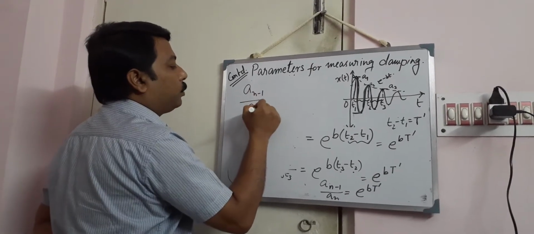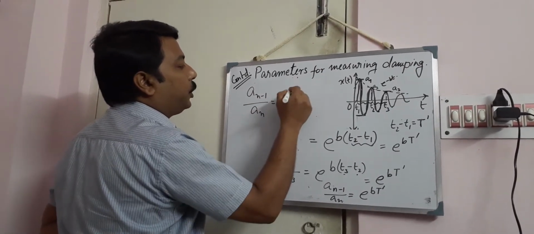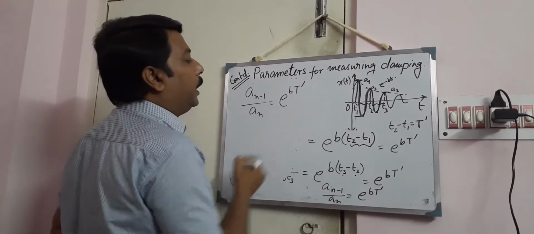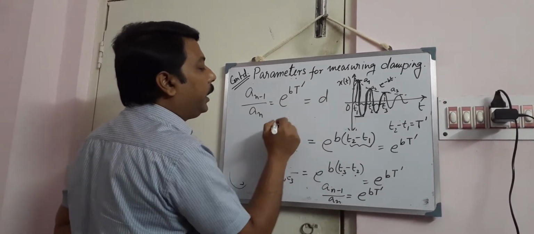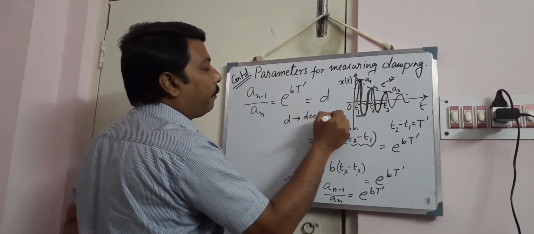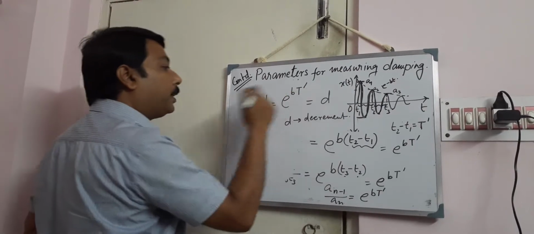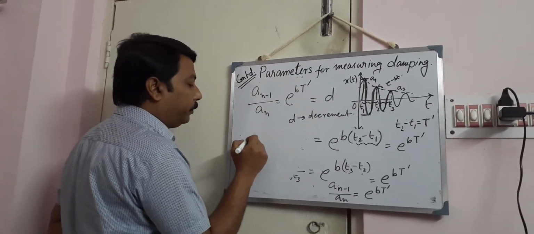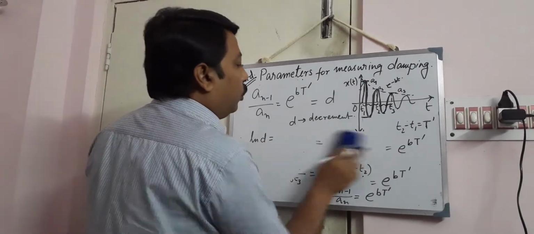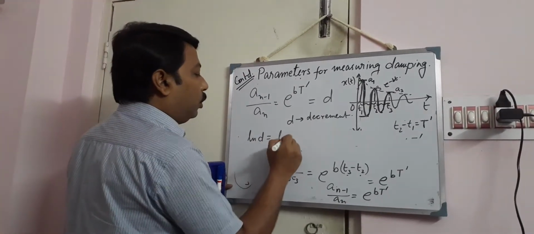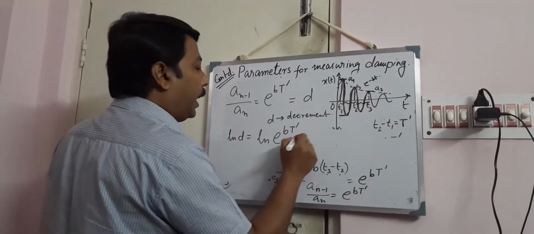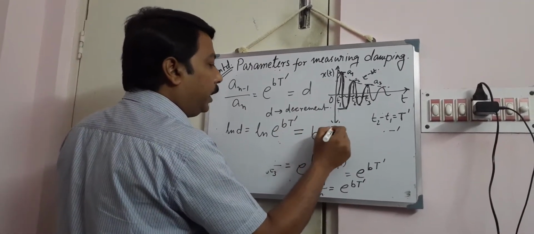This ratio of successive amplitudes, which remains a constant for any two successive amplitudes you take, an minus 1 by an, this ratio of successive amplitudes on the same side of the equilibrium is what you call the decrement. So D stands for decrement. If I take the log of D, log of D will be equal to log of e to the power b t prime, and that is equal to b t prime.